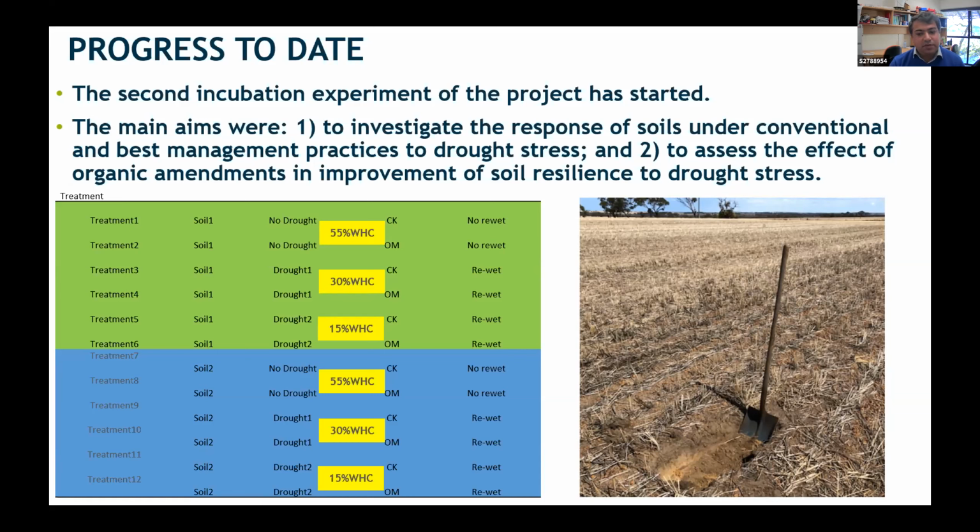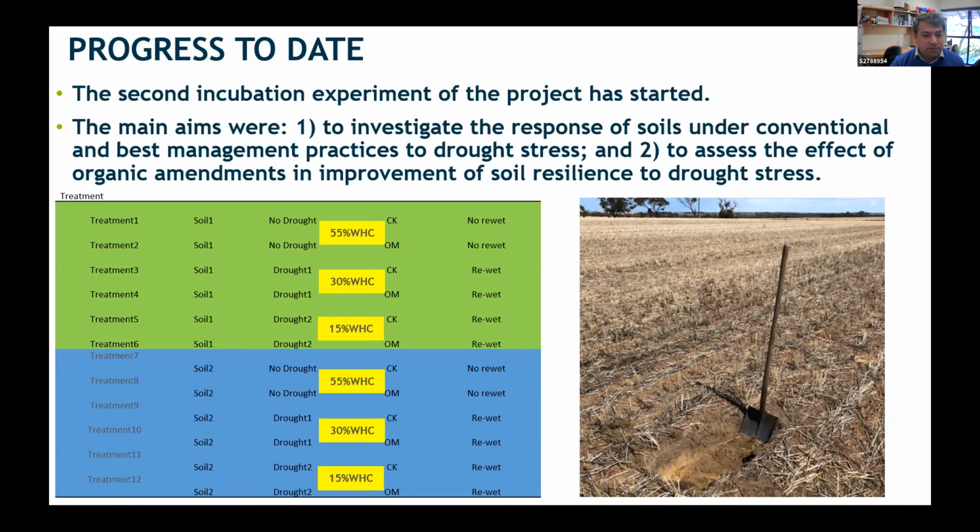For example, we designed 2 different experiments. One experiment was mainly focused on drought, and the other experiment was mainly focused on compaction. So the experiment you see here is the drought part of the experiment. We have 12 treatments, and we collected 2 different soils adjacent to each other.